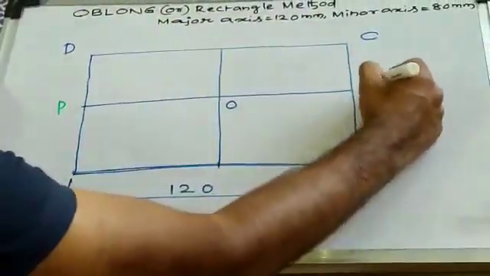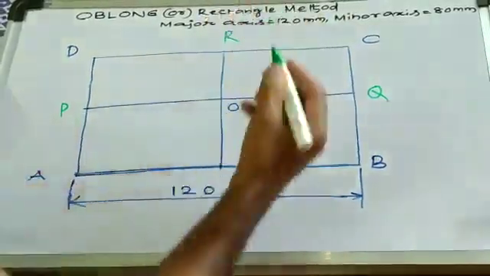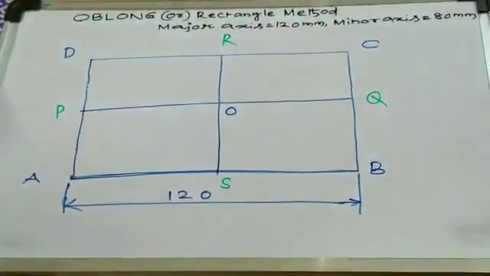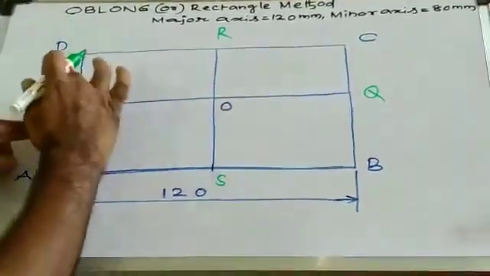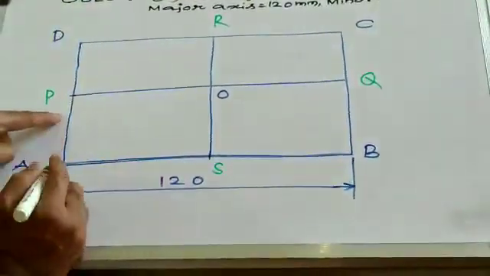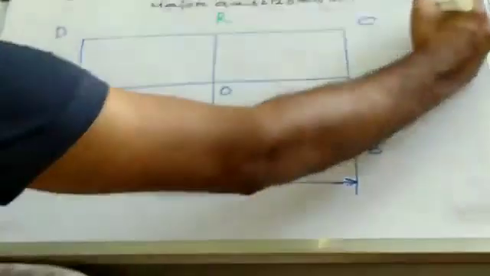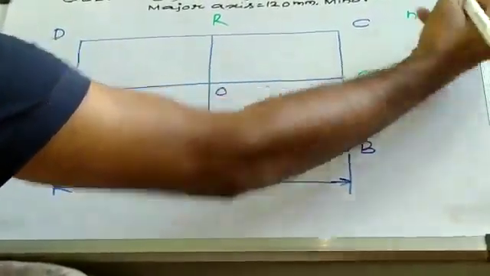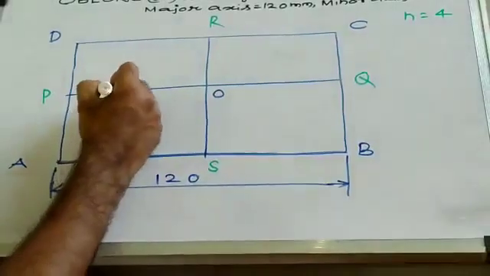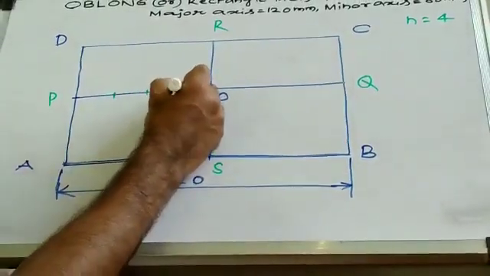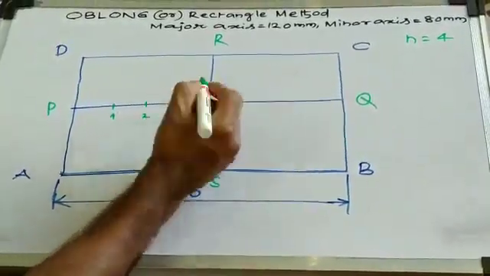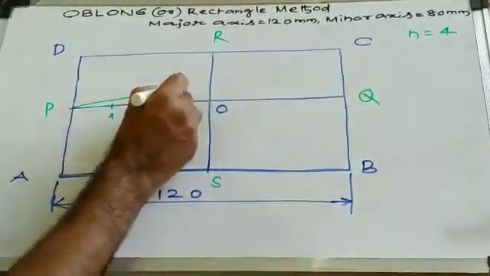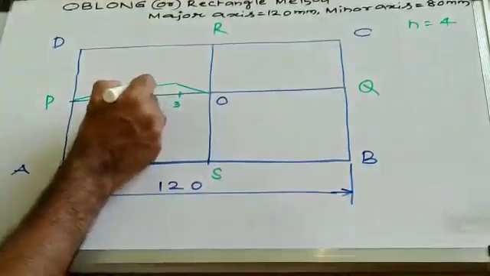P, Q, R, S. Now PO, PD are going to be divided into n number of equal parts. That is n equals 4. 1, 2, 3. So I am naming this 1, 2, 3 by using an acute angle.